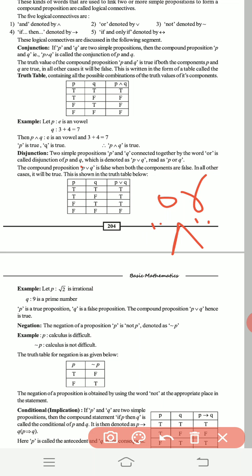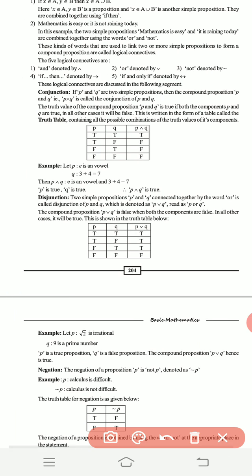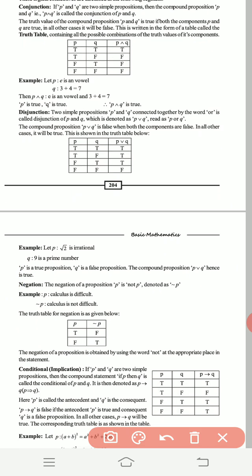Two simple propositions P and Q connected together by the word or is called the disjunction of P and Q. It is denoted like this, P V Q. V means that is disjunction.